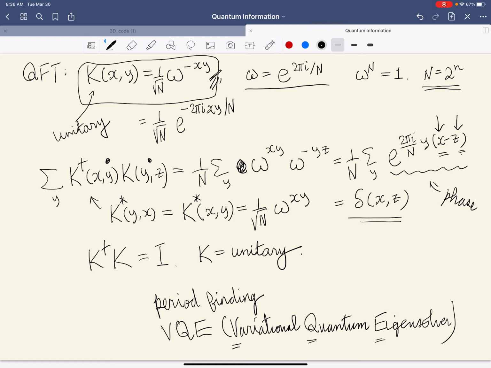This is potentially a very useful algorithm and definitely worth knowing about. And it's heavily based on this idea of a quantum Fourier transform. Okay, so that's a little heads up on what's forthcoming in the next lecture or two.